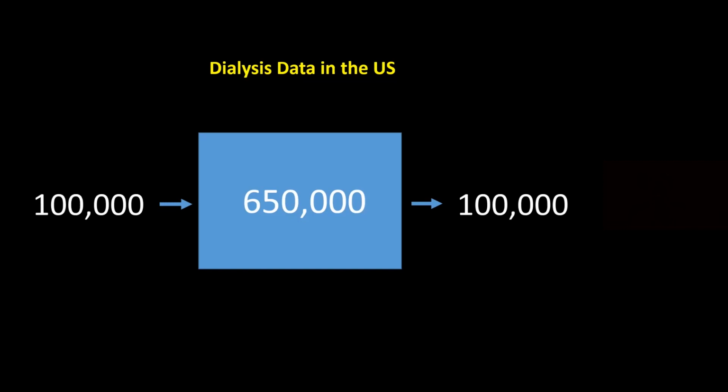Your eGFR will be abnormal. Your creatinine will go up. Or you can have problems within the kidney, as we talked about, like diabetes or IgA nephropathy. Or you can have a problem outside the kidney. The urine has to come out of the kidney into the bladder, into the toilet. If you have anything blocking that flow, then the kidney will fail, the eGFR will drop, and the creatinine will go up.